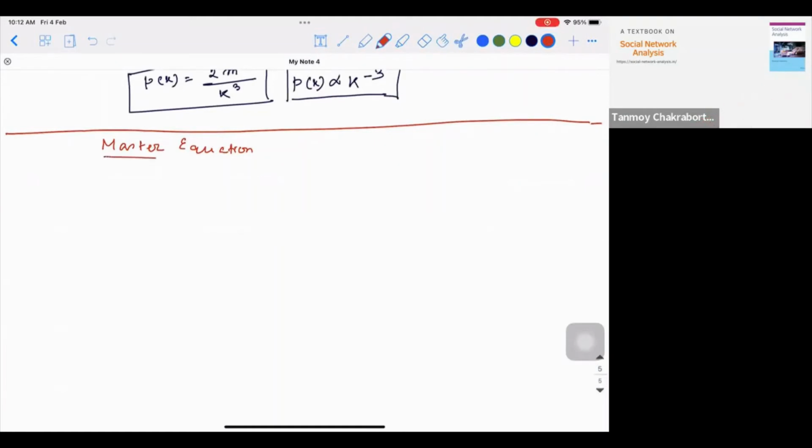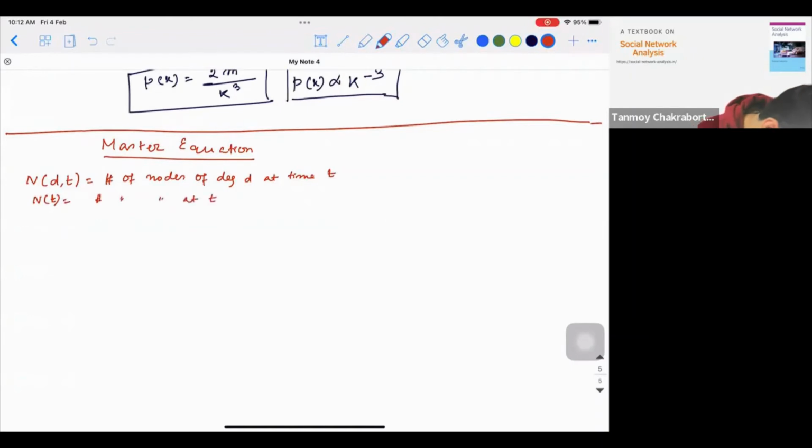So again, here, let us define some important notations. So n of d comma t is the number of nodes of degree d at time t. Okay. And n_t is the number of nodes at time t.